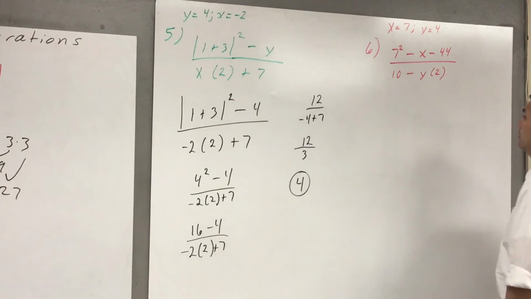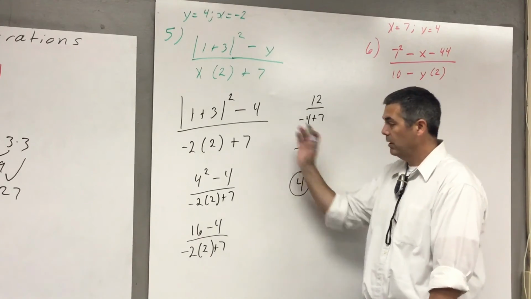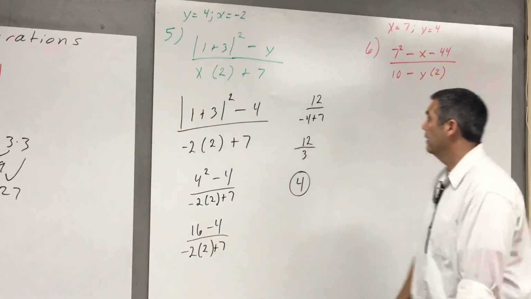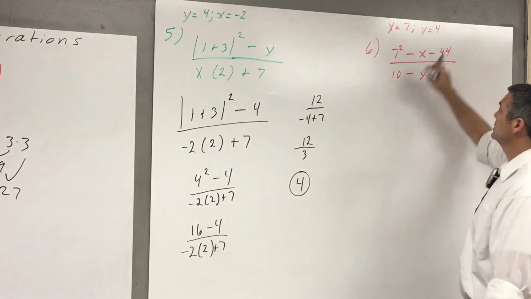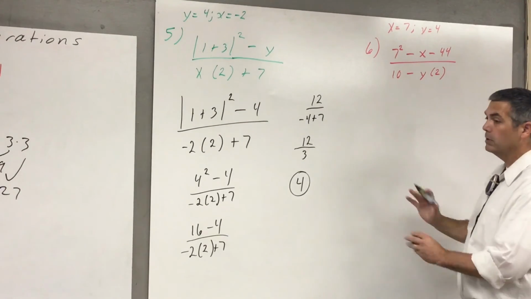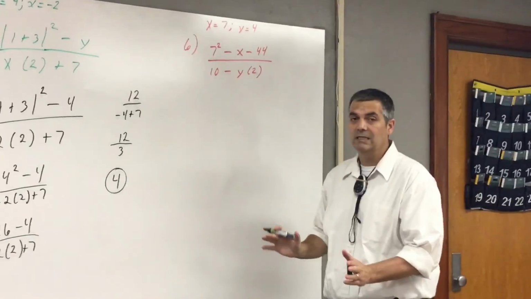Each step, just take it nice and slow. Don't rush. Okay? When you rush, you make mistakes. But take the time to write it down. Okay? All right. Same thing here. We're going to substitute in first. Always rewrite your problem with the number substituted in first. It makes it easier.